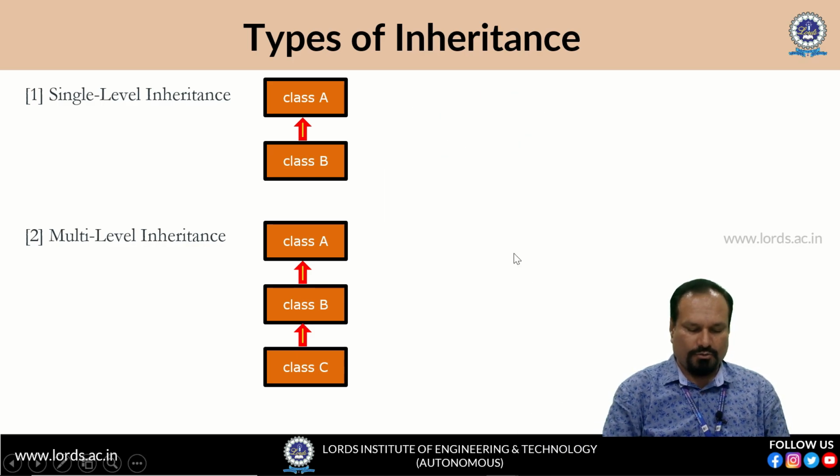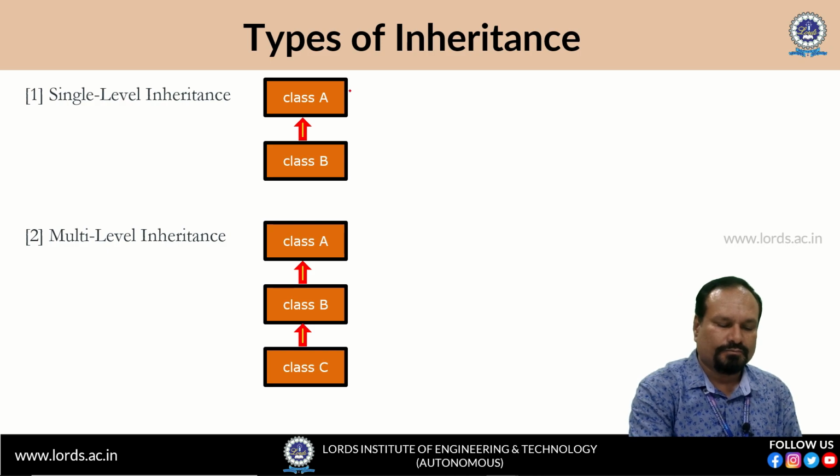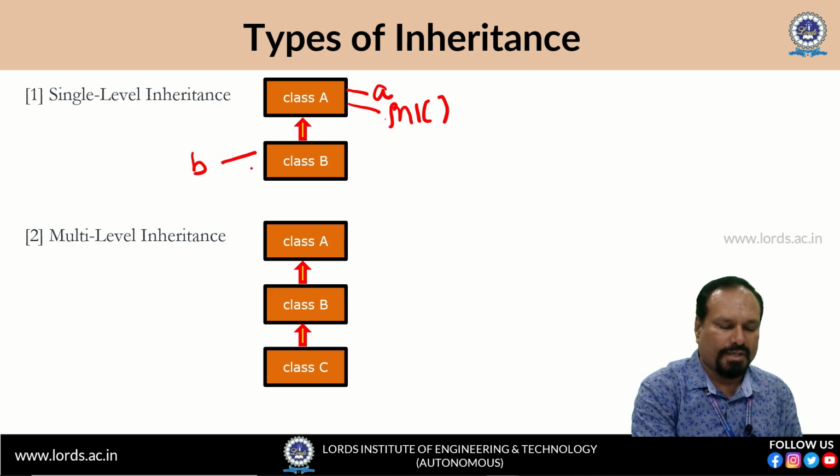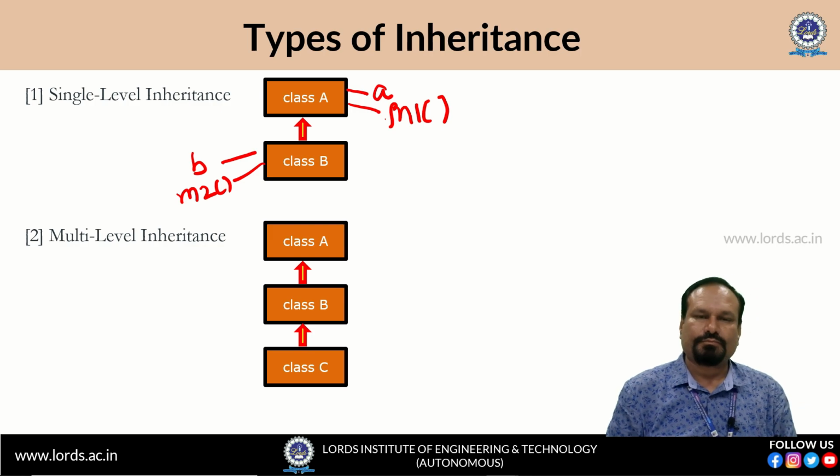What you should understand here is, if class A has, let us say, one instance variable A and one method, let's say M1, and B has instance variable B and method M2, and a body is there.